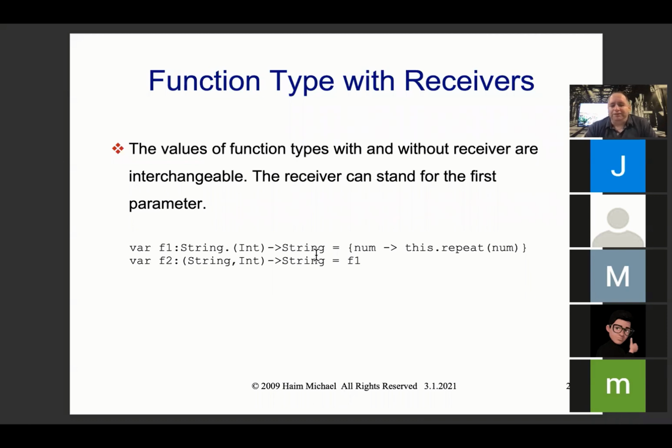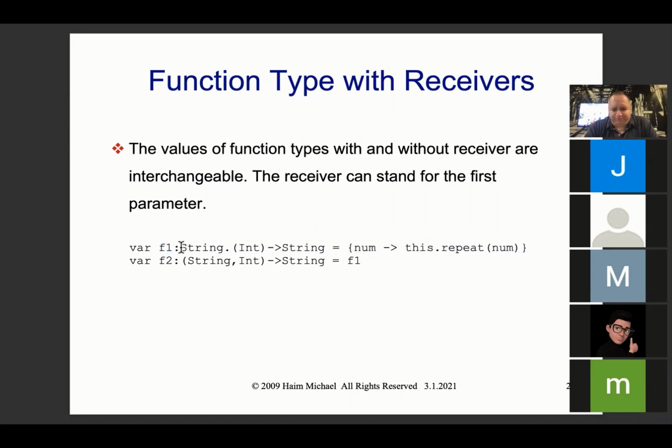If you have a function type that has a receiver, then you can interchange between that type and a function type that has an additional parameter whose type is the type of the receiver. I will explain. Over here, in line 1, f1 is a variable.